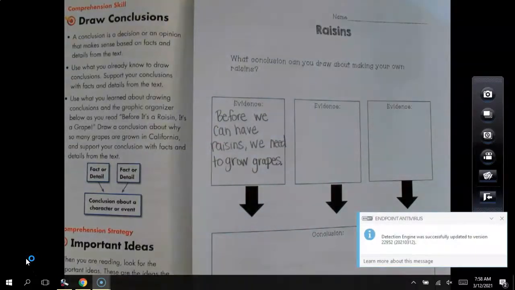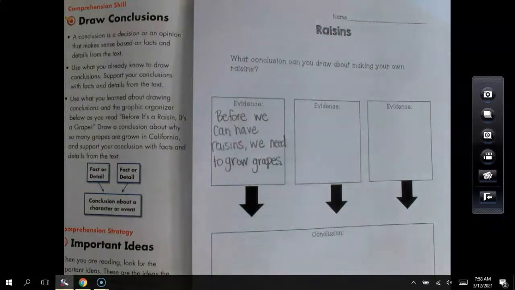Okay, what is another piece of evidence that we can gather about making our own raisins? Now, it did not come out and tell us how to make raisins, but it did talk to us about how people, specifically in California, grow grapes.